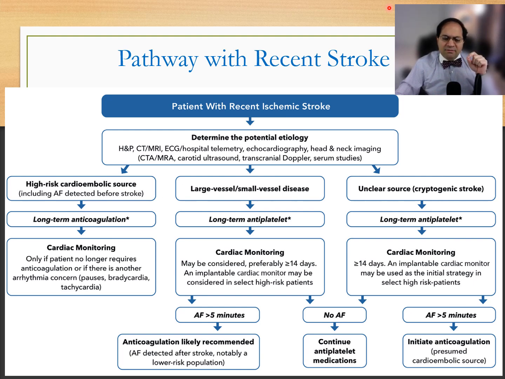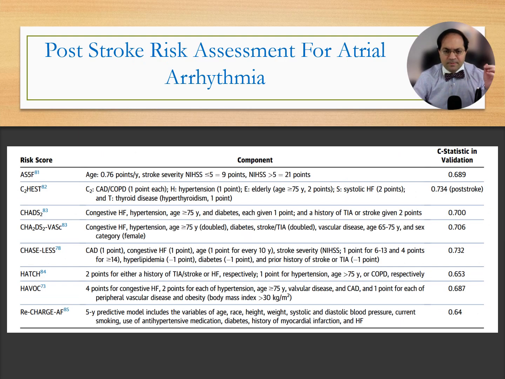So if you have a history of heart failure, if you have a large left atrium, and also you have a high CHASE-LESS score or another scoring system favoring high risk of recurrence of stroke, you can implant the cardiac monitor without 14 days of wearable monitors. And again, if your atrial fibrillation is more than 5 minutes, you need to start the anticoagulation because this is most likely a cardioembolic source.